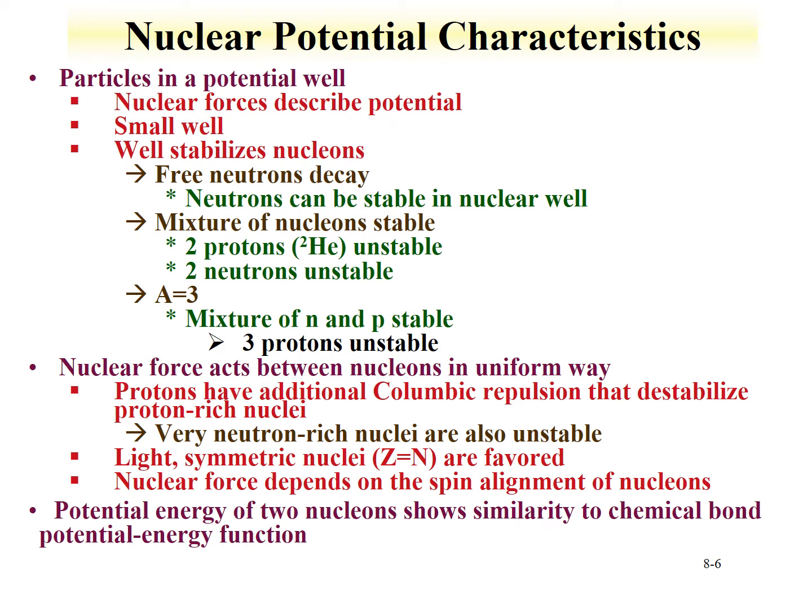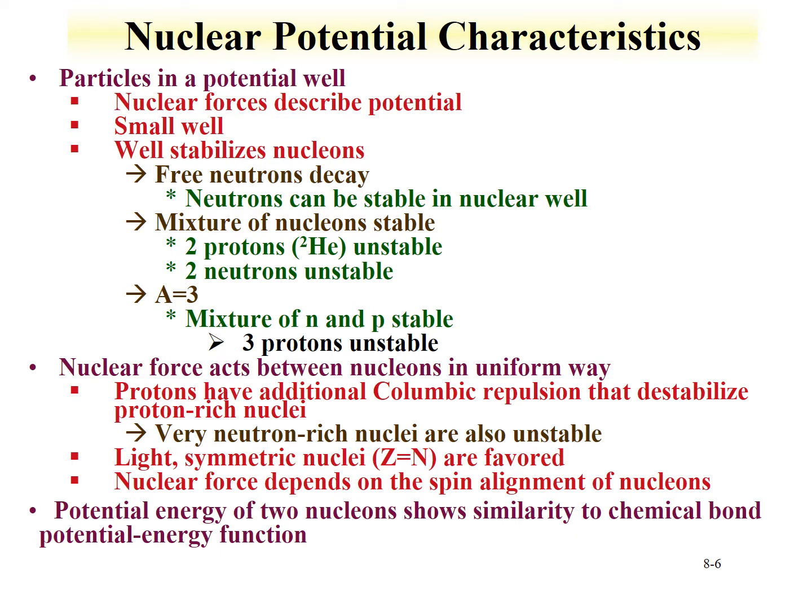And this nuclear force within this potential acts upon the nucleons in a uniform way. So protons have this Coulomb repulsion that acts to destabilize the nuclei. So that's why when we get more proton-rich nuclei, we tend to have excess neutrons to help minimize this Coulomb repulsion.